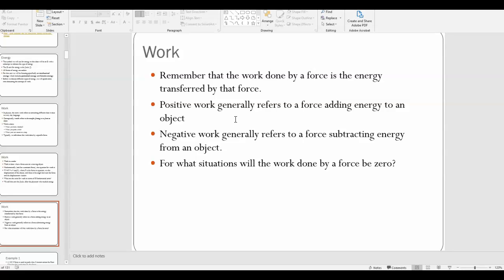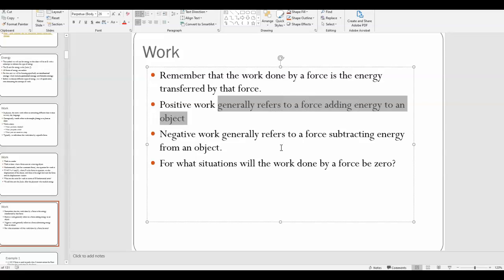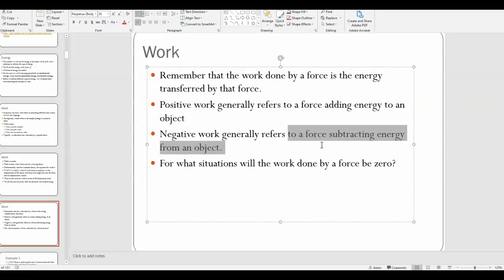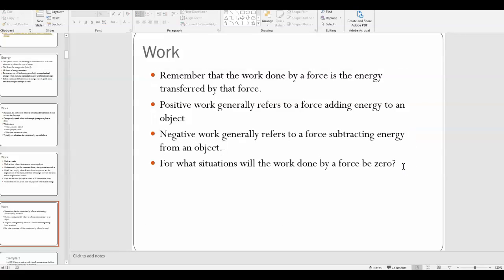So generally positive work refers to a force adding energy to an object. And when we talk about negative work being done on an object, we talk about a force removing or subtracting energy from that object. So what would an example of that be?